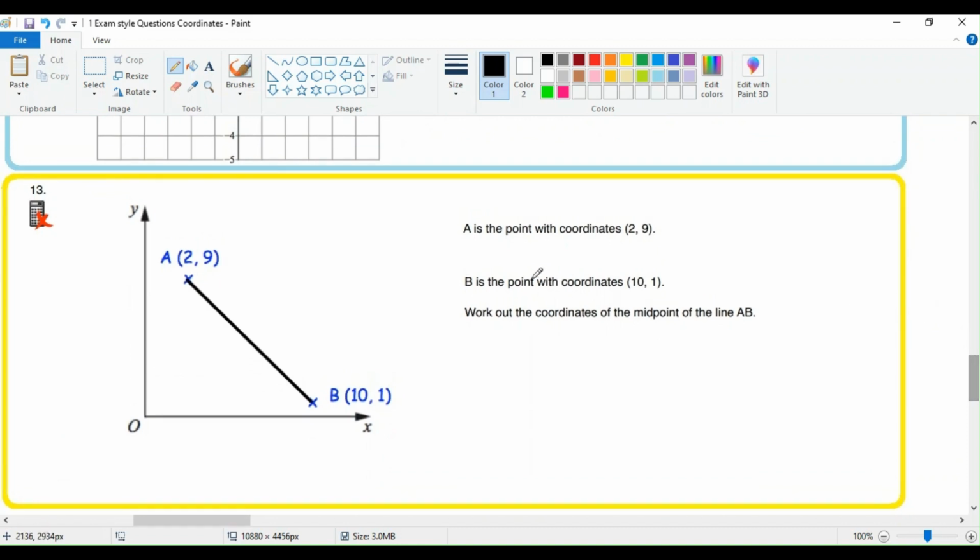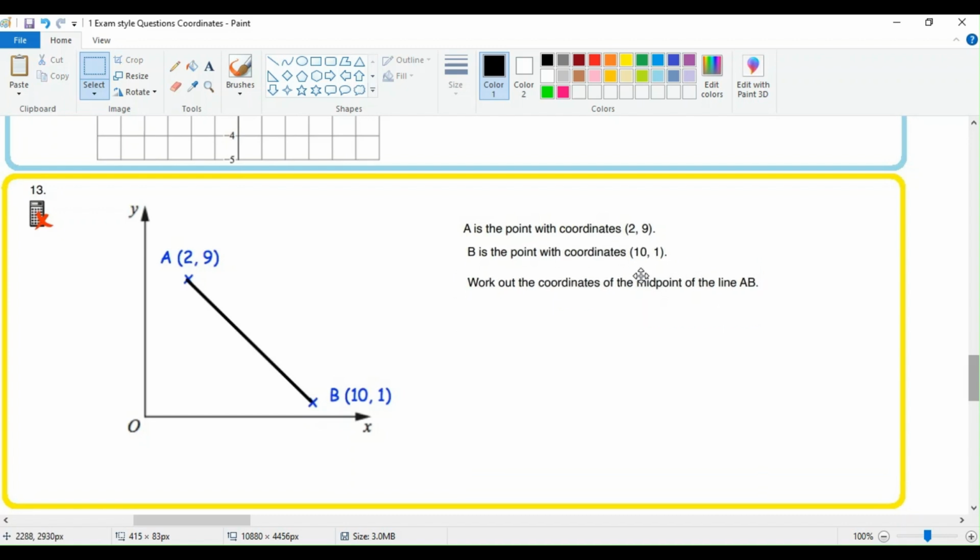Now in here, A is the point with coordinates (2, 9) and B is the point (10, 1). If I put this a little above, I'll get enough room to work out. The simplest way is to understand that this is X and this is also X. So add them both: 10 plus 2 divided by 2 and 9 plus 1 divided by 2.